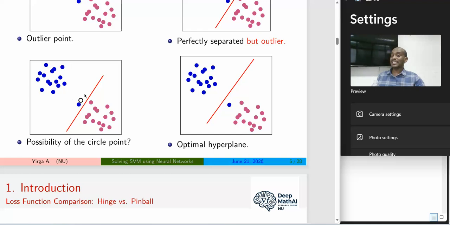So this is the effect of this outlier. So what we do is we disregard this outlier, and we find an optimal hyperplane which separates the majority of the data points. But for this outlier, we accept some misclassification errors.